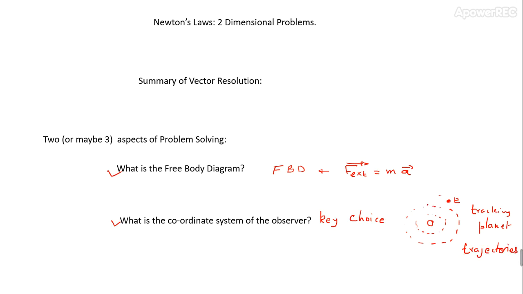But there was one great idea to shift the origin to the sun, or shift the coordinate system to the sun, and suddenly we have much simpler orbits to analyze, that is the ellipse.